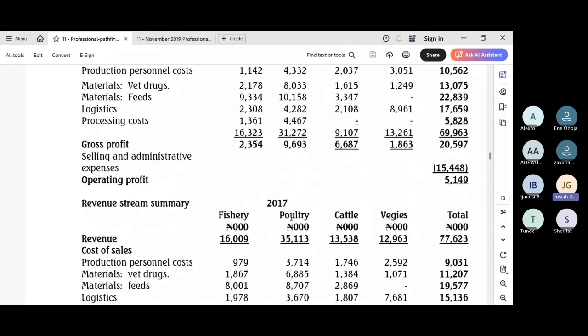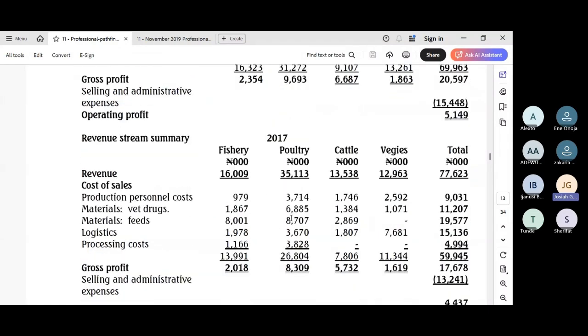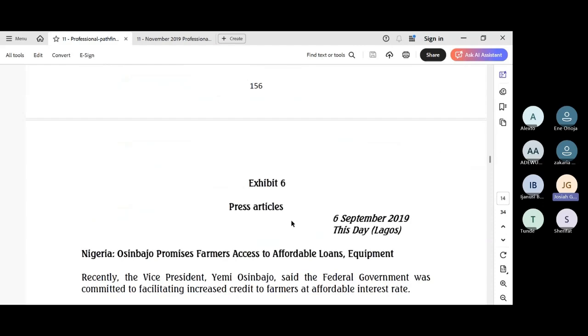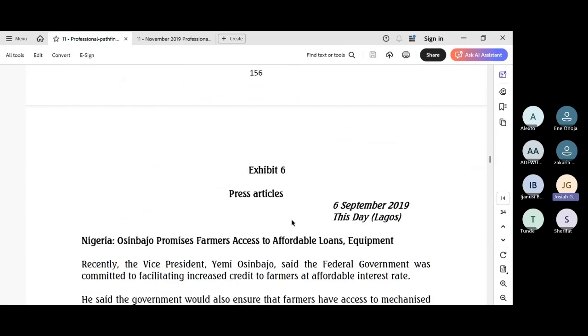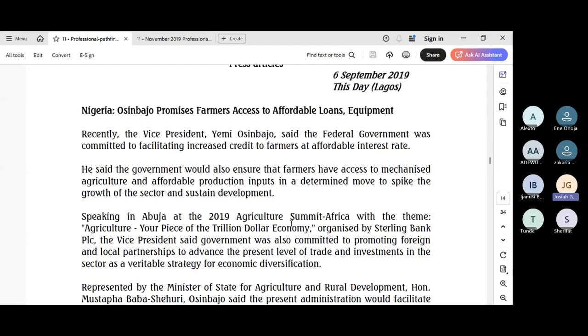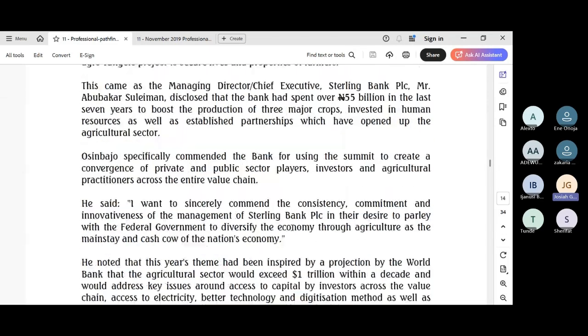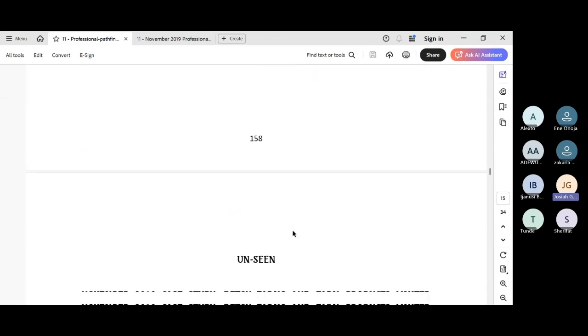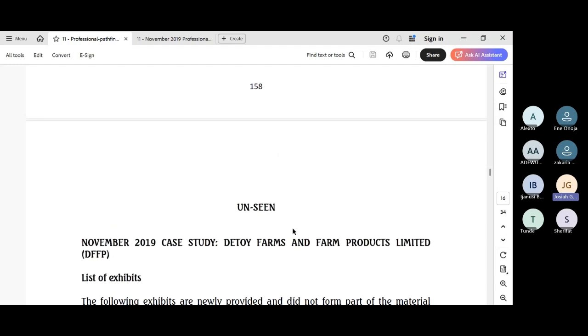We also have the revenue stream summary of 2017 provided. And we have Exhibit 6 speaking to the then Vice President Osinbajo's article on agriculture. Okay, so that speaks to the pre-seen, which was provided 2 weeks before this exam.